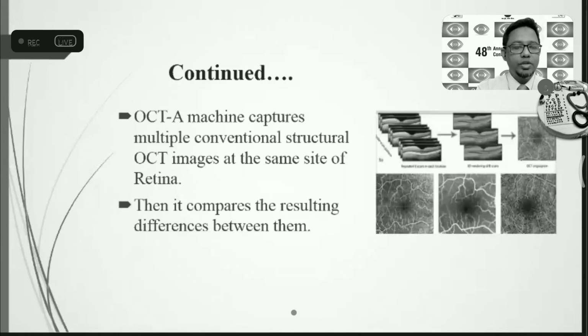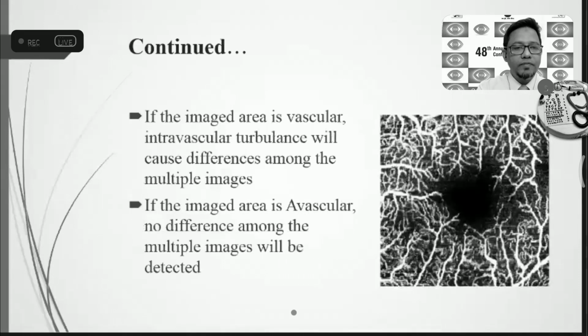An OCT angiogram machine captures multiple conventional structural OCT images at the same site of the retina, then compares the resulting differences between them. If the imaged area is vascular, intravascular turbulence will cause differences among the multiple images. If the imaged area is avascular, no difference among the multiple images will be detected.